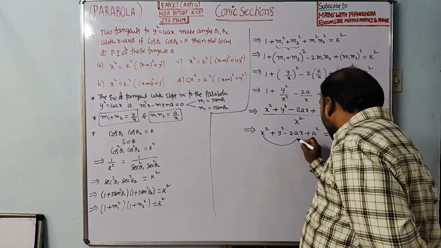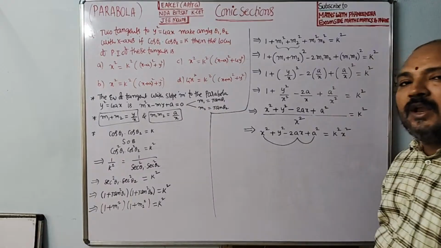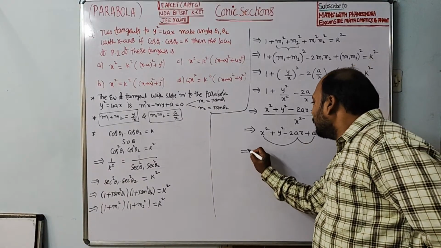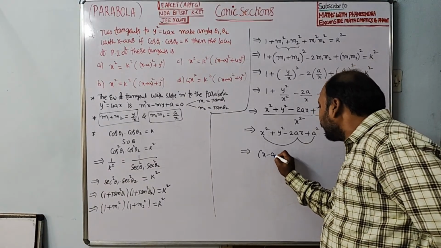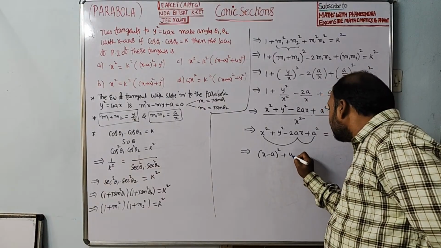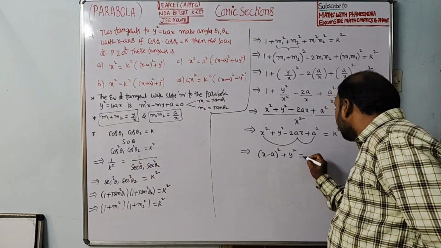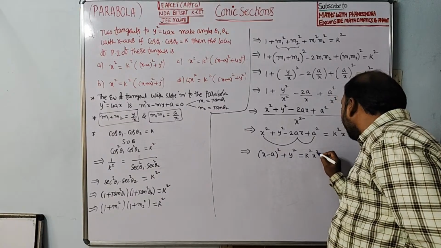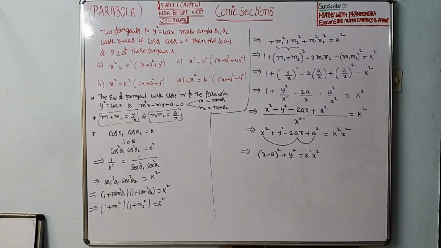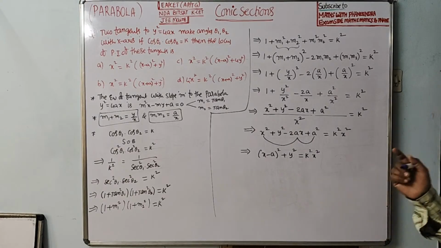X square minus 2ax plus a square is the expansion of x minus a whole square, plus the rest of the term y square, is equal to k square x square.